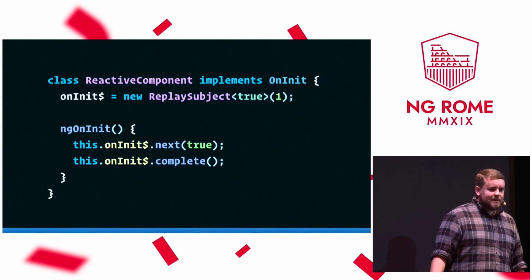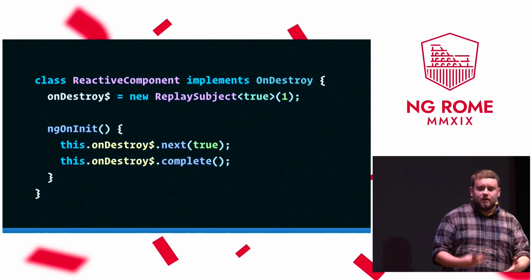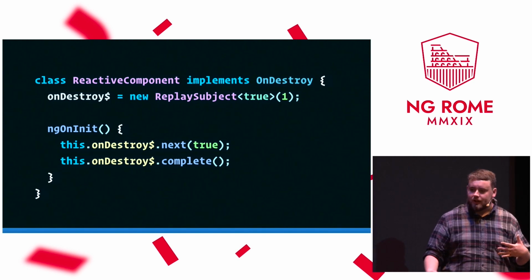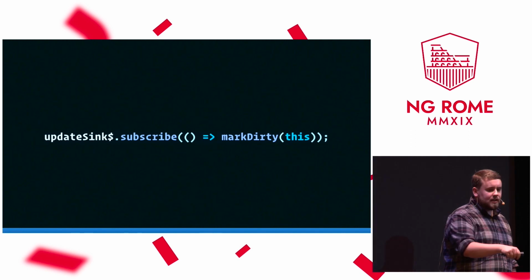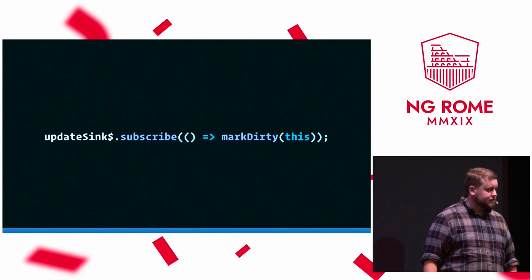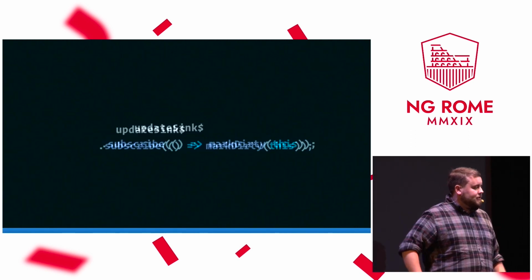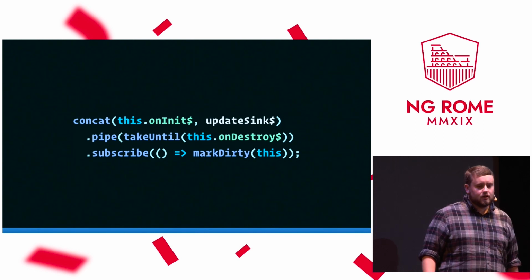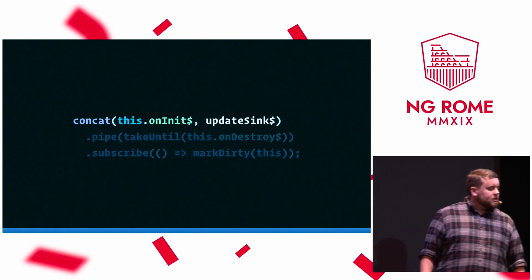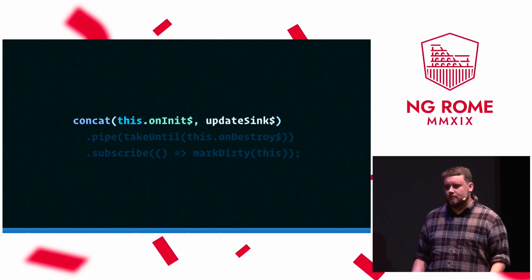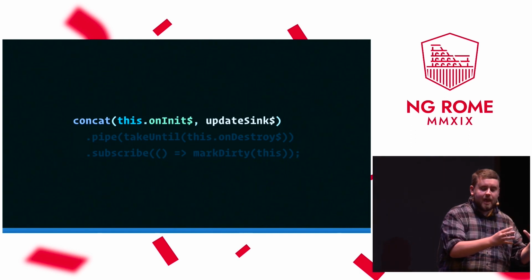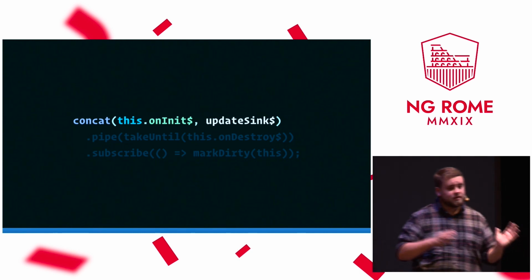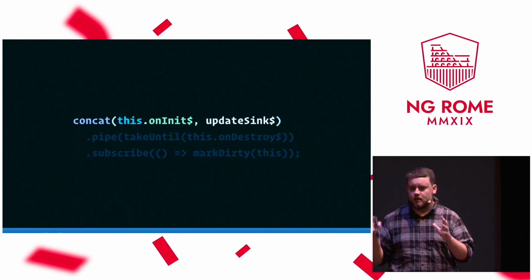I'm going to do the same thing for onDestroy so that child components can use both onInit and onDestroy as observables. And now that I've done this, I can go back to this one line of code and make a change. I'm going to refactor it to use these new lifecycle hooks. So first, I'm going to use the concat observable factory to make sure that I subscribe first to onInit, and when that's completed, then I'll start subscribing to that update sync observable.